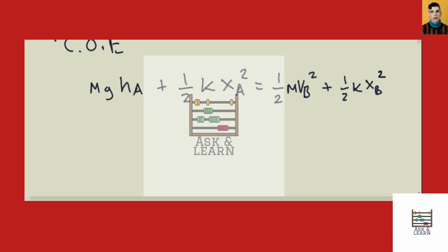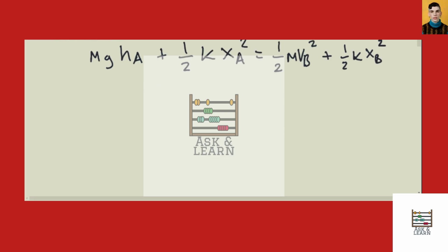So to find xA and xB, we can draw a triangle from the diagram. So we know that the height when it's at point B is 2 meters. And we know that the x is 1.5 meters. So we can find the hypotenuse.